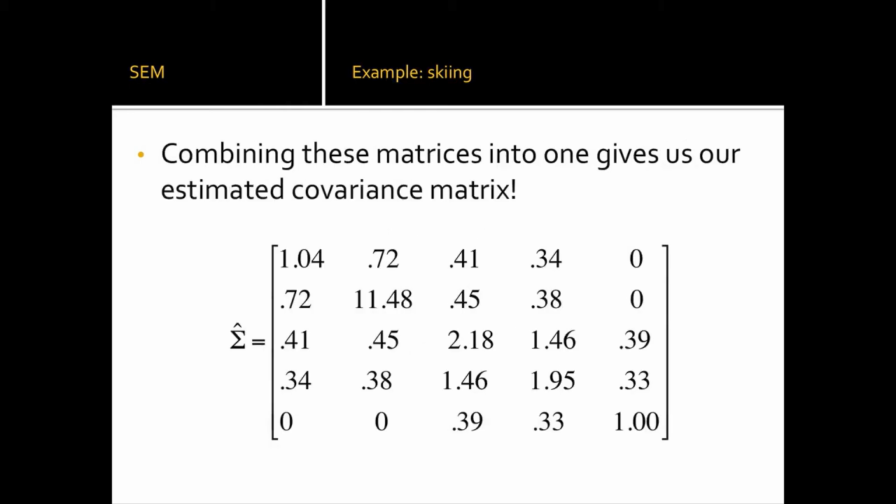Okay, so here's the result. You can refer back to the previous slides to see where this all came from, but basically the DV-DV covariance matrix in this case is the top left, the first 4 rows and the first 4 columns of this matrix. The DV-IV matrix is the 0, 0.39, 0.33 column.